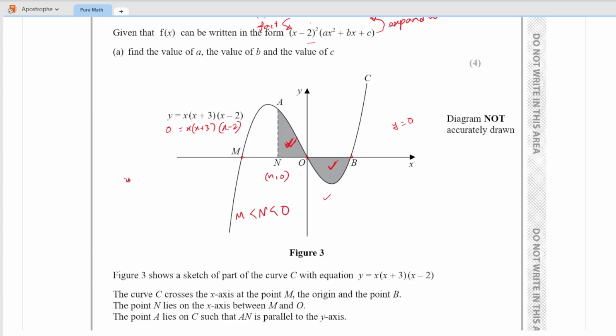So that means x equals 0, which is the origin, and then x equals negative 3, which is M. So M is (negative 3, 0), and x equals 2, which is B, which is (2, 0). We will need this. So we have to integrate y. In order to calculate this area, we have to integrate y, meaning this equation, from 0 to 2.